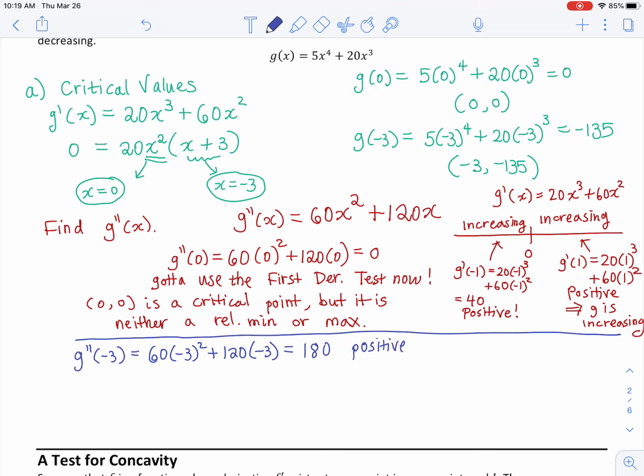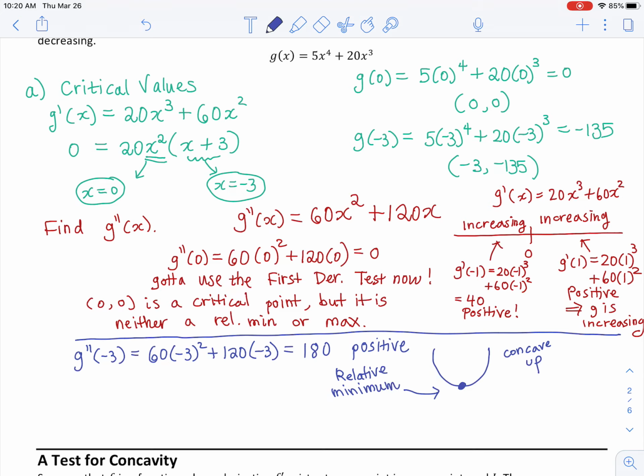This came out to be a positive number. If it's positive, you know what I draw? I draw a happy little face, whose little mouth is making a concave up case. That means we have a relative minimum.